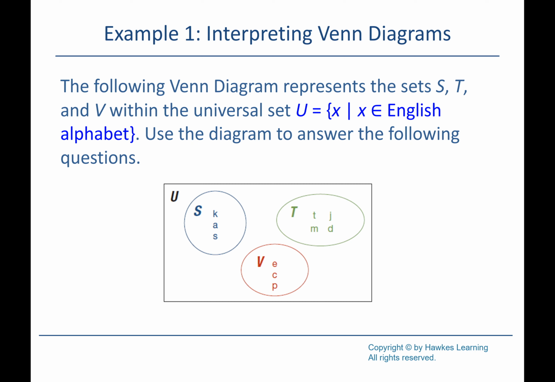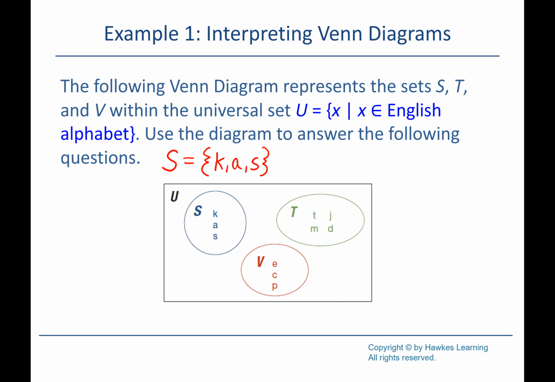Part A says list the elements in these three sets using roster notation. For set S, we said we had the elements K, A, and S in there. So if we wanted to list set S, we'd have S equals curly bracket, and then we just list out the elements. There's set S.